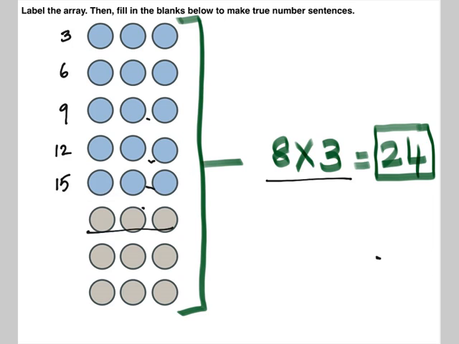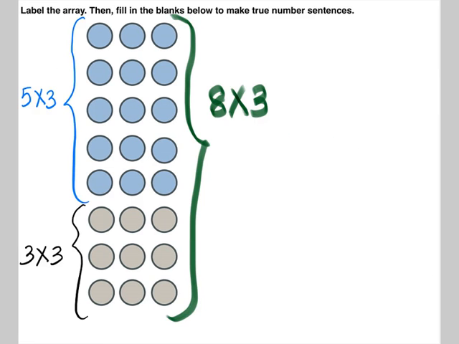And 15 plus 3 makes 18. And 18 plus 3 makes 21. And 21 plus 3 makes 24. So that is how we got 8 groups of 3 as 24.